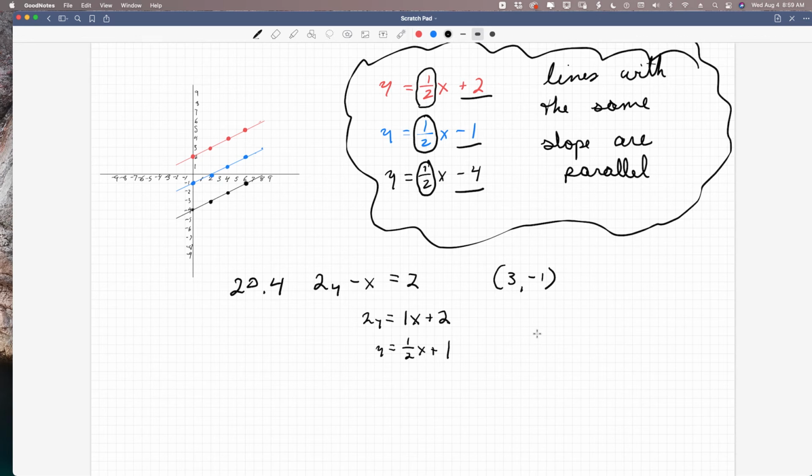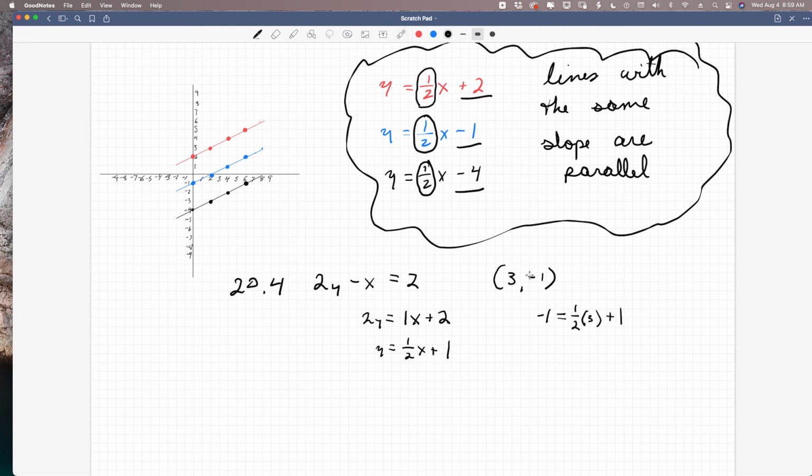So all we have to do is come over here and say y is negative 1. So negative 1 is equal to 1/2. We put the slope in, and x is 3. So we put 3 in here for x plus 1. Okay, so now we solve. That's all we have to do.